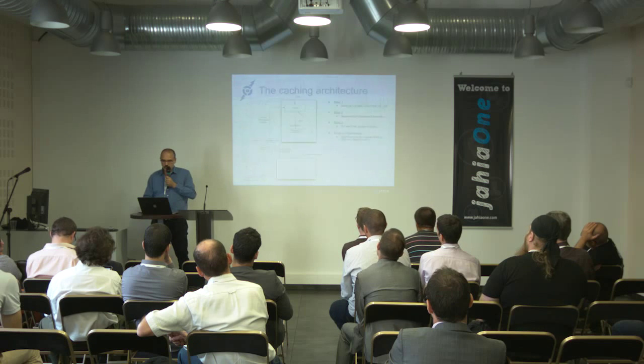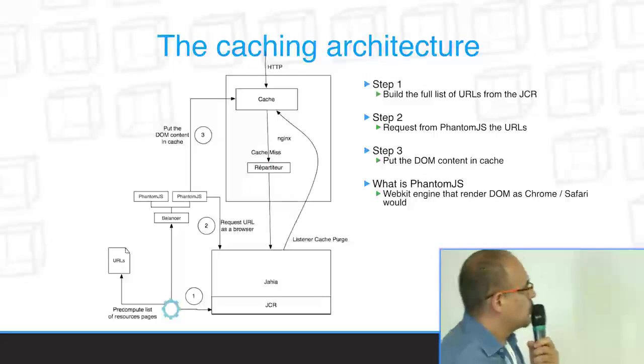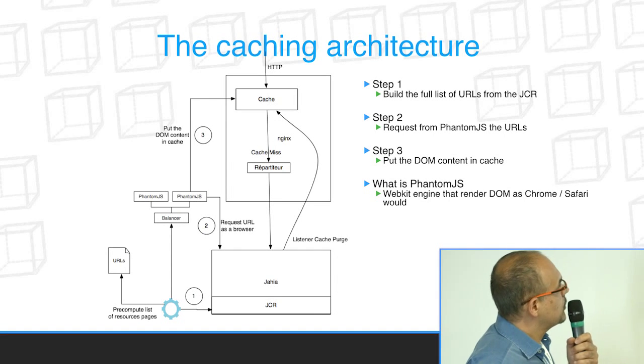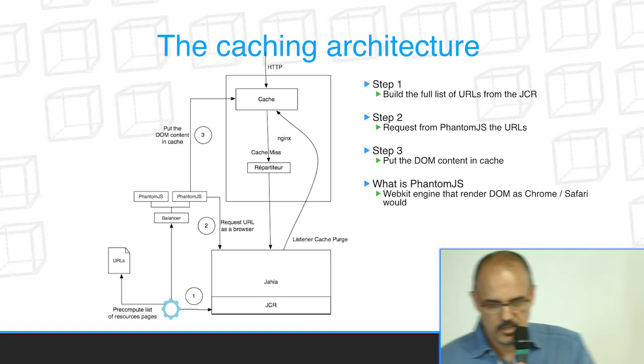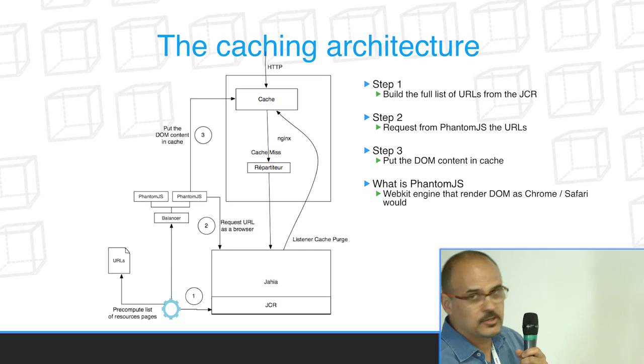And that brings me to the final cache architecture we set up. The tools we used were almost simple. First, you have an HTTP call that comes to the cache, as usual. If the page is not there, you have a cache miss.